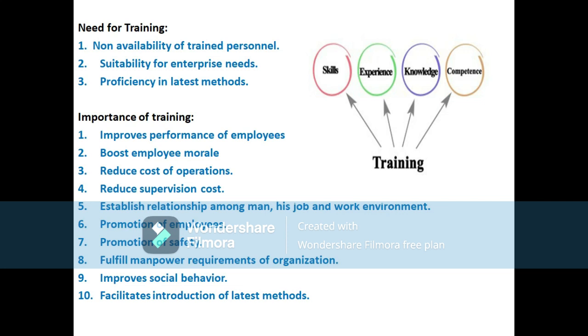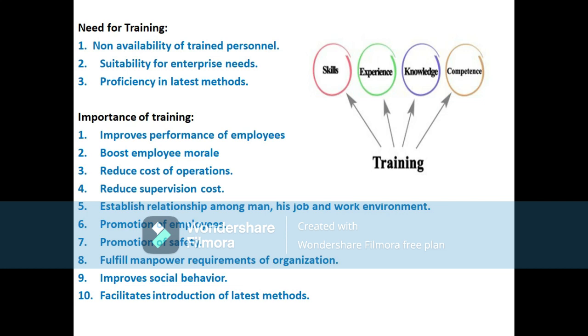We have studied in recruitment the internal source and external source of recruitment. In the internal source, if any job vacancy arises in an organization, a capable person within the organization will be selected for that job position. If we are giving training, those people definitely come forward and perform the work efficiently.